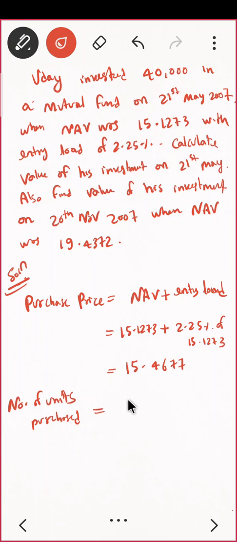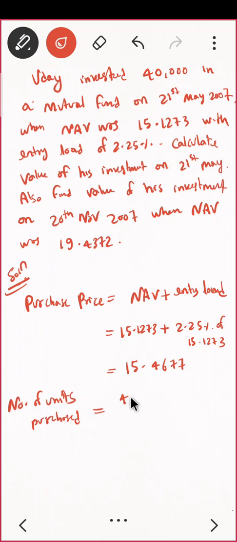And do you want me to write 15 divided by 40,000? That will be your number of units. Think about it again. This is price per unit. Yes, perfect. Investment divided by purchase price.